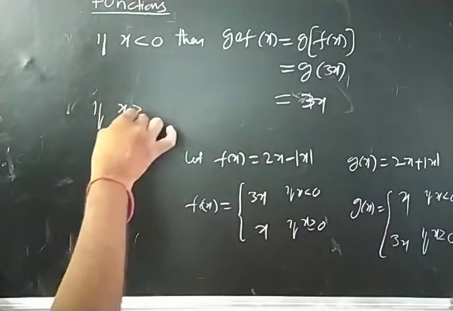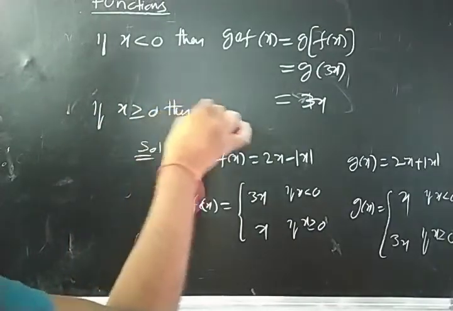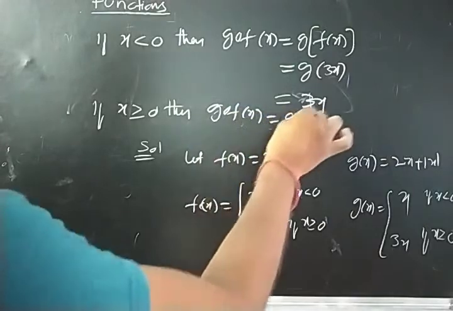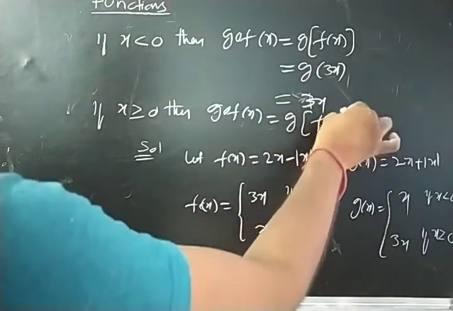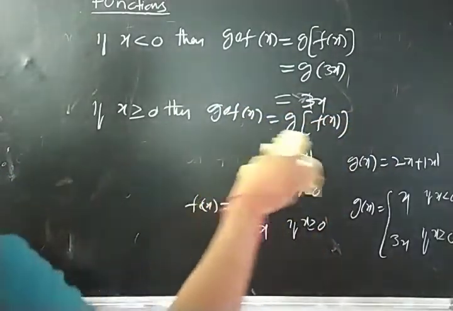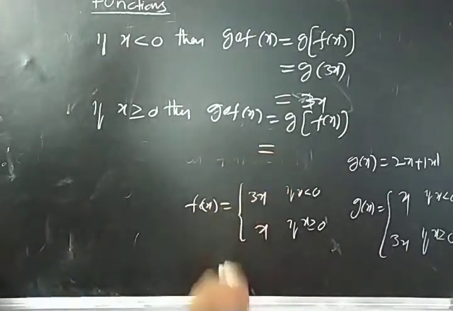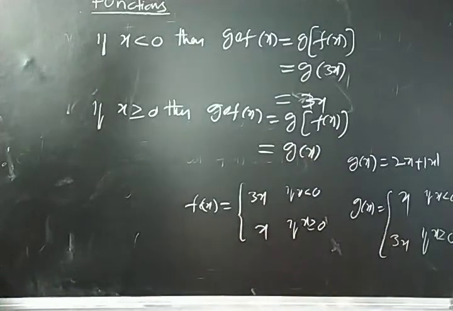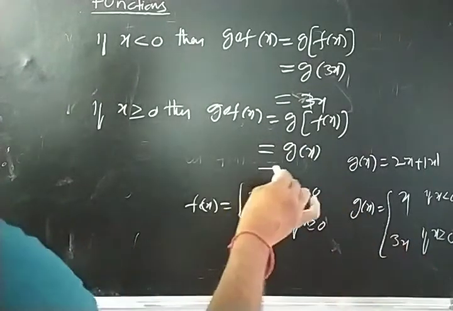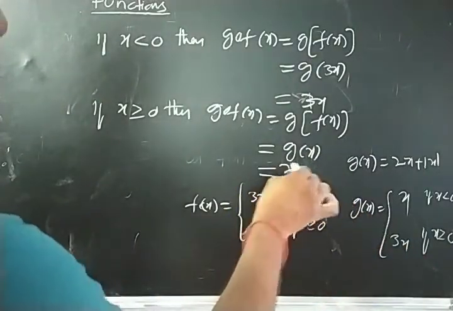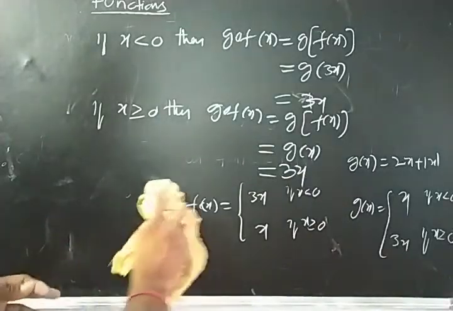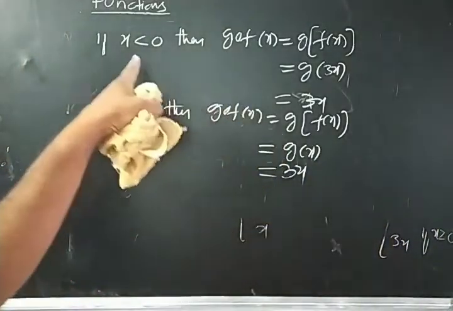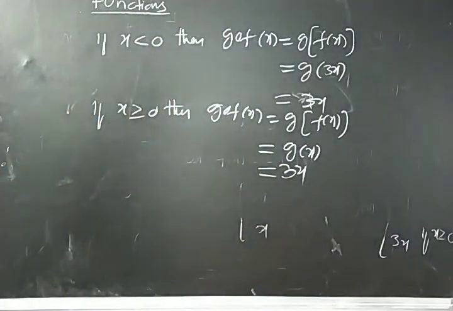If x is greater than or equal to 0, then g circle f of x is g of f of x. If x is greater than 0, f of x is x. Then g of x, for x greater than 0, is 3x. In place of x, you have to substitute x. So this is 3x. Now we got the definitions of f circle g and g circle f for x less than 0 and x greater than 0. That's all.